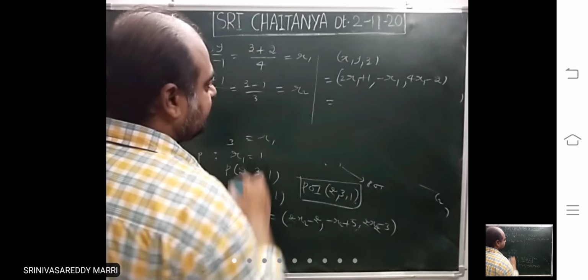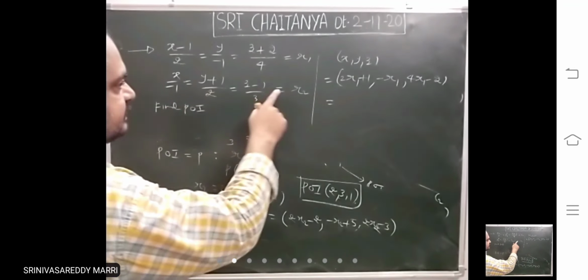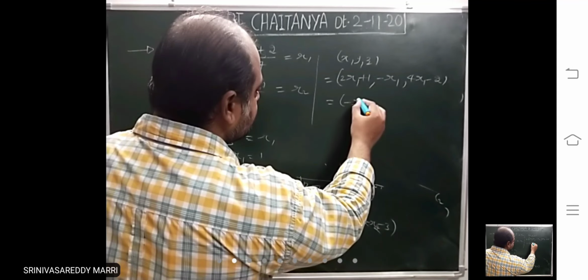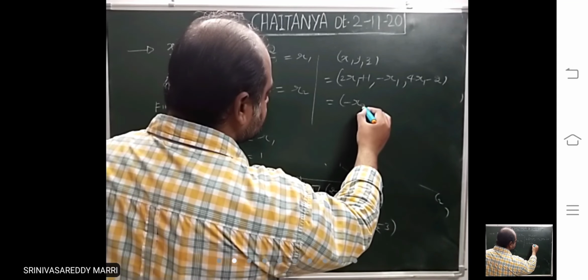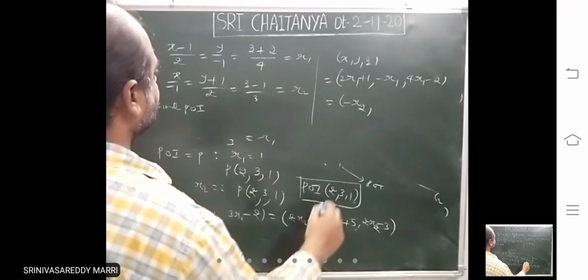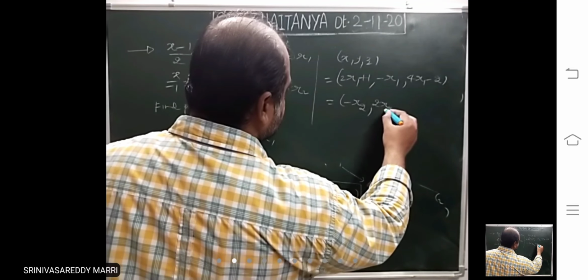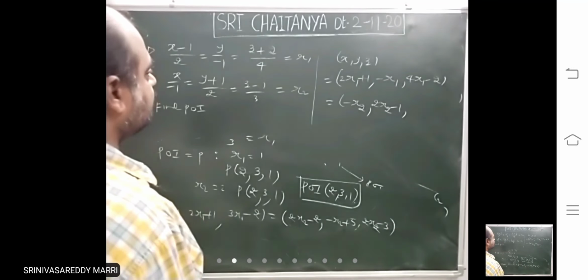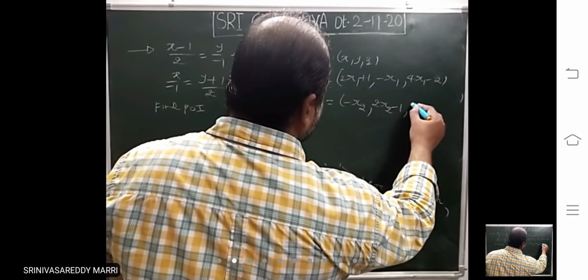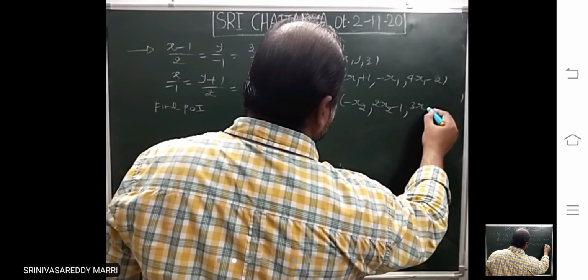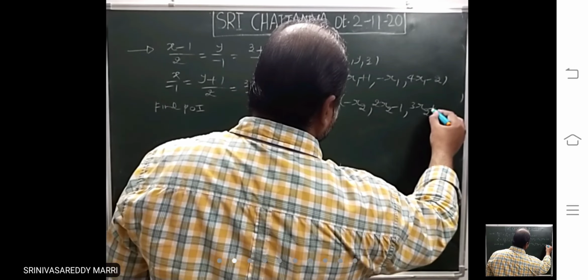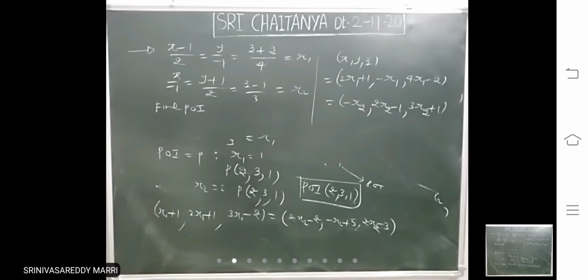From the second line also, minus R2, comma, 2R2 minus 1, comma, 3R2 plus 1.